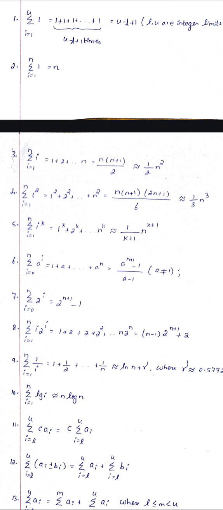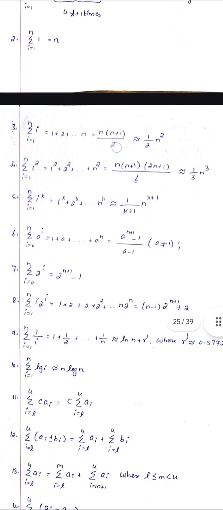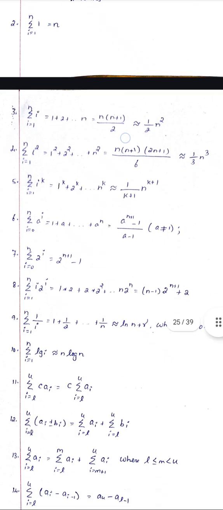Then for 1 square, 2 square and all, we have 1 by 3 n cube. For 1 to n, we have 1 by n square. For 1 power k, 2 power k and all, we have 1 by k plus 1, no, n power k plus 1.